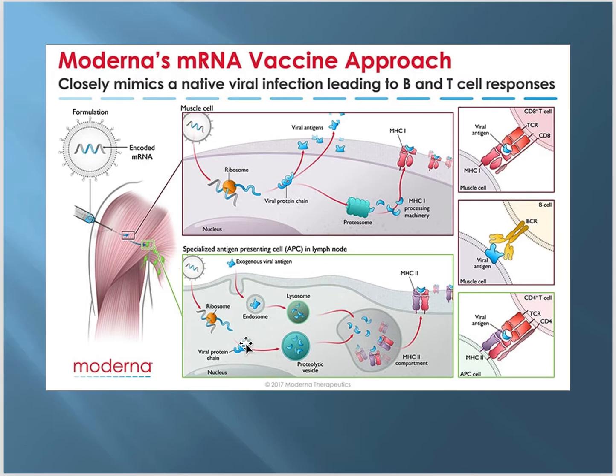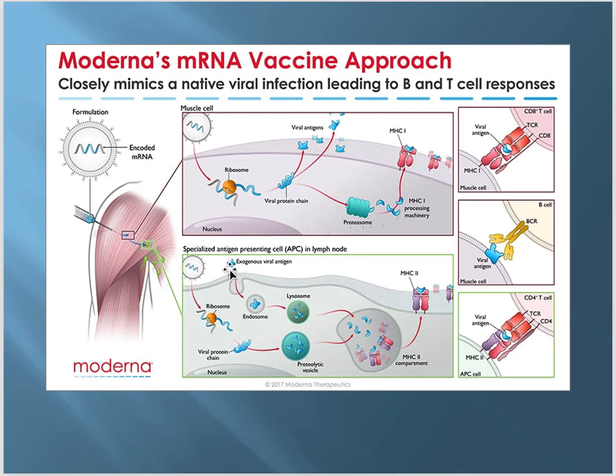Okay, and then those viral proteins, I mean newly synthesized viral proteins, will be processed and ultimately presented on the cell surface by MHC2. Actually, a similar thing will happen for the exogenous antigens.